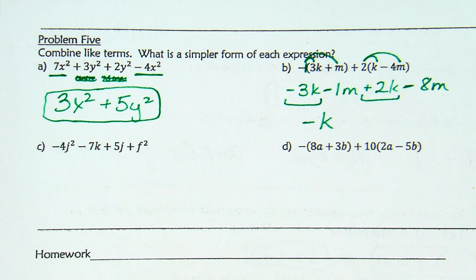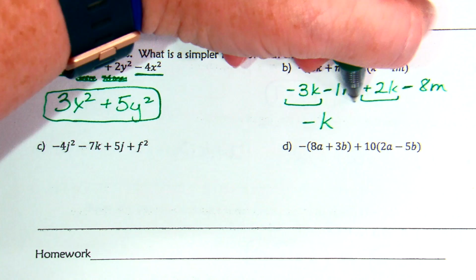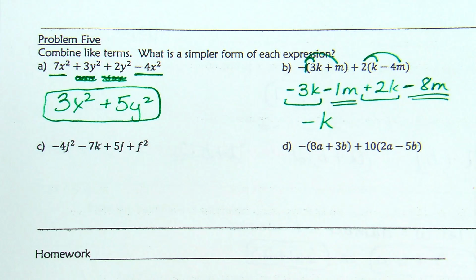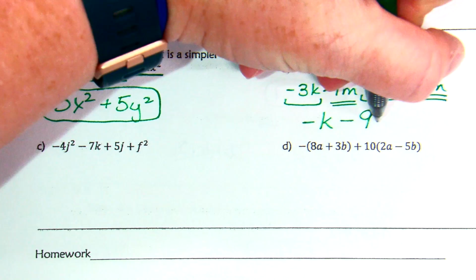Okay. C. -4j squared minus 7k plus 5j plus f squared. What are you doing? Combine like terms.